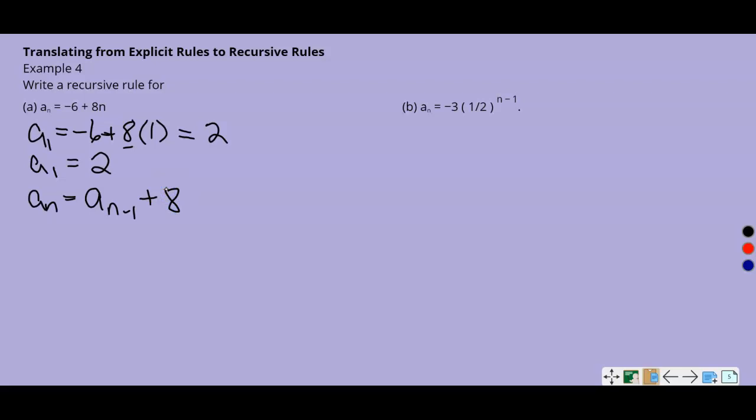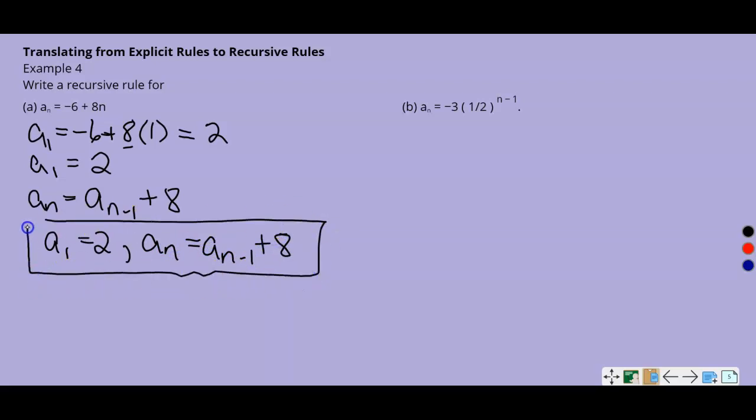All right, once I have that, I know that I have to have my first term and my rule together. A sub 1 is 2. My first term is 2. And then a sub n equals a sub n minus 1 plus 8. This is our recursive rule.